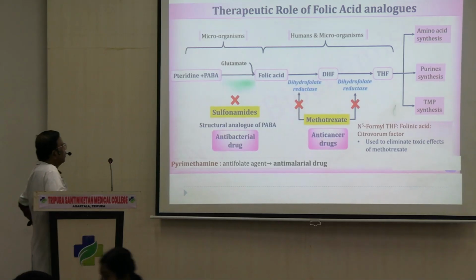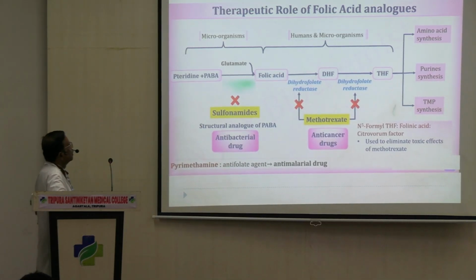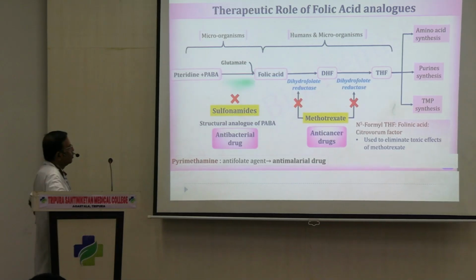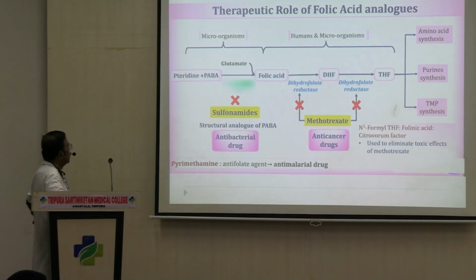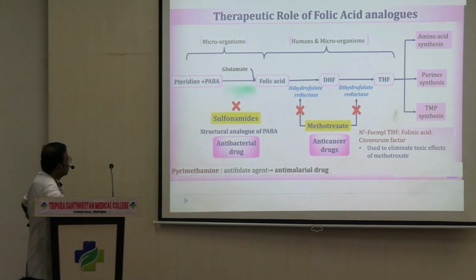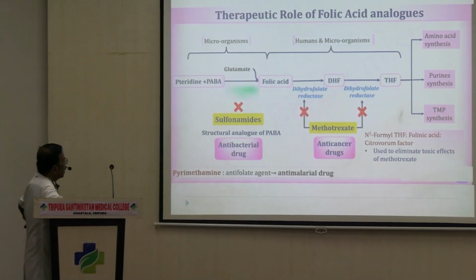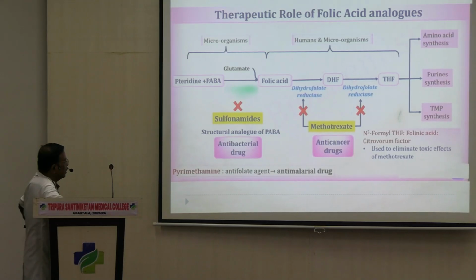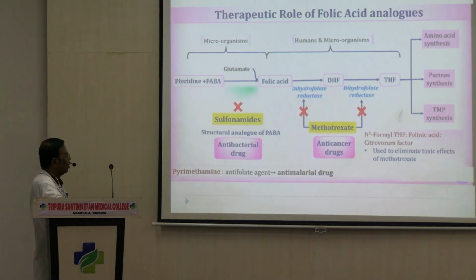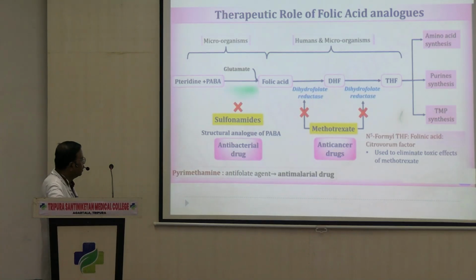Then there are sulfonamides and methotrexate. These are folic acid analogs, and they inhibit this incorporation. They are abnormally incorporated in the pteridine ring, and thereby folic acid synthesis is hampered or stopped. So this is given as an antibacterial.